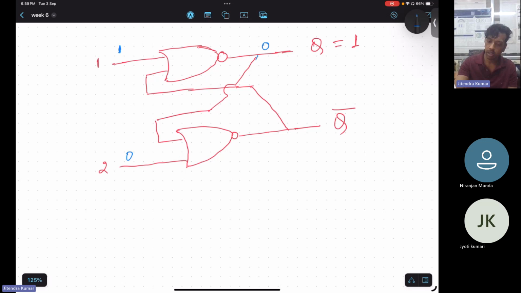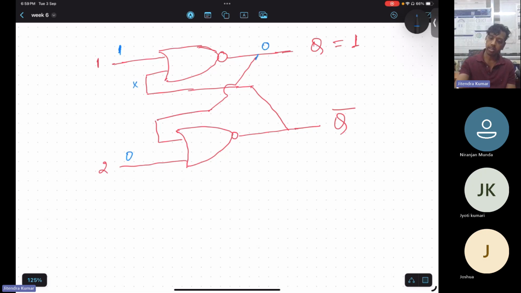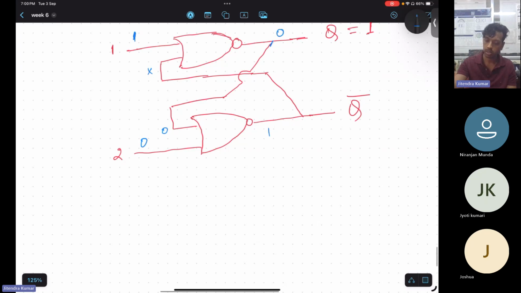I hope you got this portion, right? If you are feeding 1 here, no matter anything you put, X or anything, your output is going to be 0. Similarly, on the second hand side, if this 0 is here and this 0 is coming out here, then OR of 0 and 0 is 0 and NOR of 0, 0 is 1.